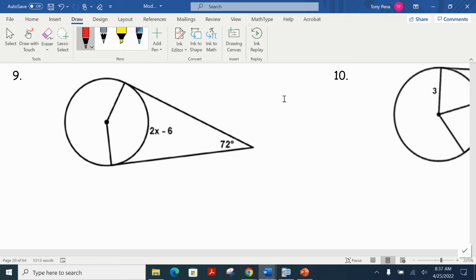We get 57 if you do it correctly. 57. If not, we'll take your thing and see if you come up with it. Okay.